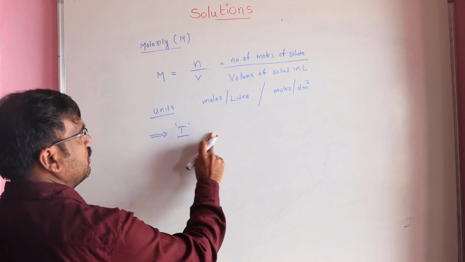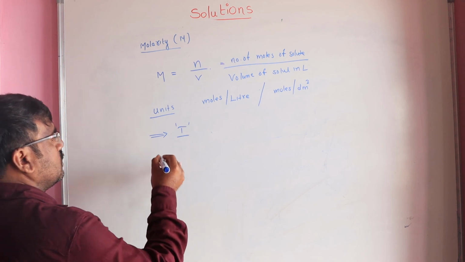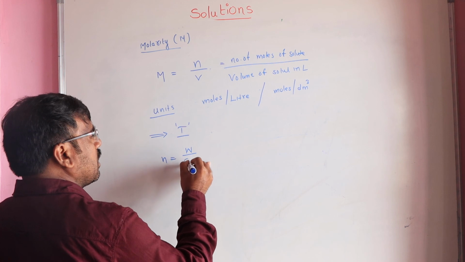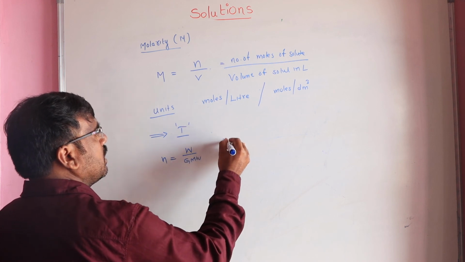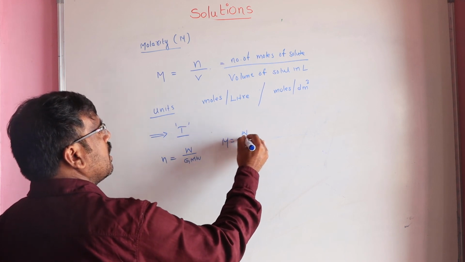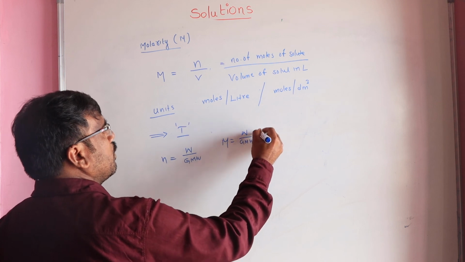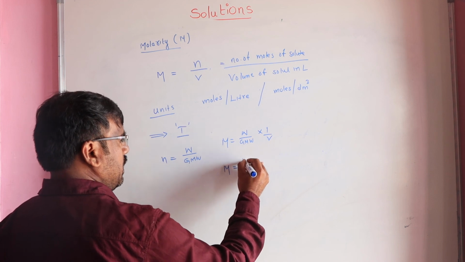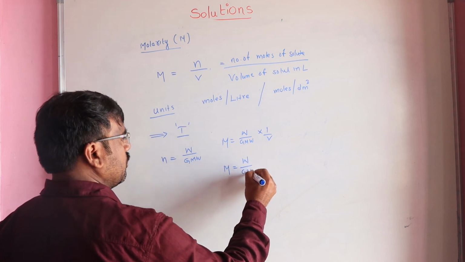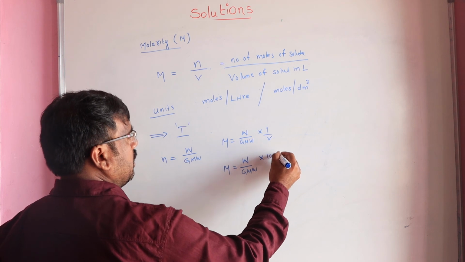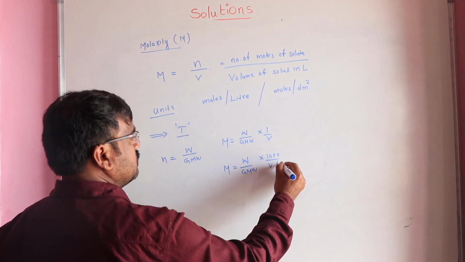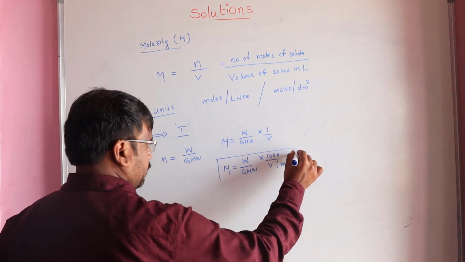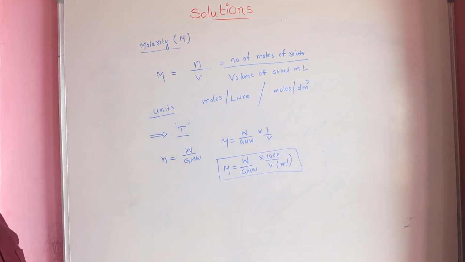And you know that normality is equal to weight by gram molecular weight, so molarity is equal to weight by gram molecular weight into 1 by V. Sometimes the volume is given in milliliters, and then we can modify the equation like this. Whenever the volume is given in milliliters, we use this formula.